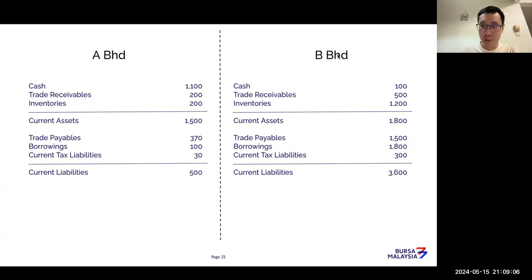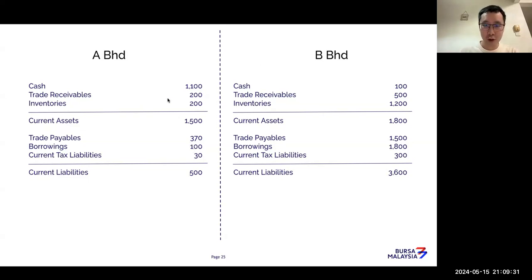So for B Berhad, current asset 1,008, current liability 3,006. It means my annual expenses is like 100,000, but I only have 50,000 in my bank account. So my 50,000 can last me for half a year, 6 months. That is what it means.